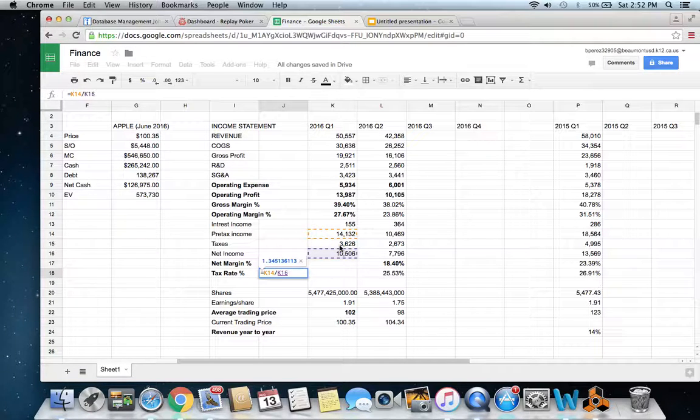No, wrong way, sorry. Okay, maybe I have that a little flipped over. It's taxes over pre-tax income. Sorry about that. And yeah, it is about 25%, 25.6% Apple got taxed in Q1 2016.